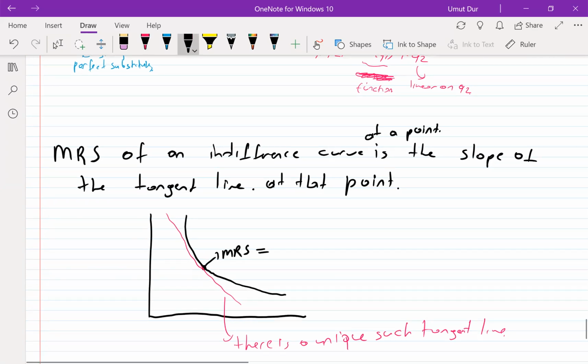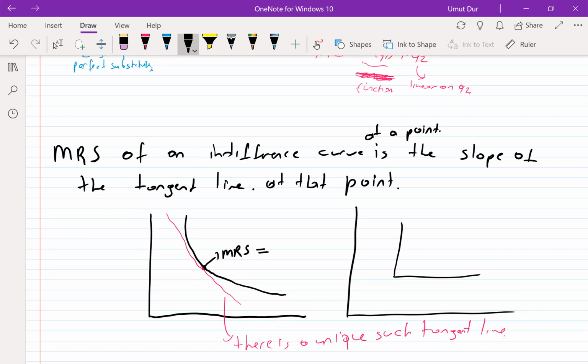But if I have good one, good two, and right angle indifference curves, the question is, can I have more than one tangent line here?